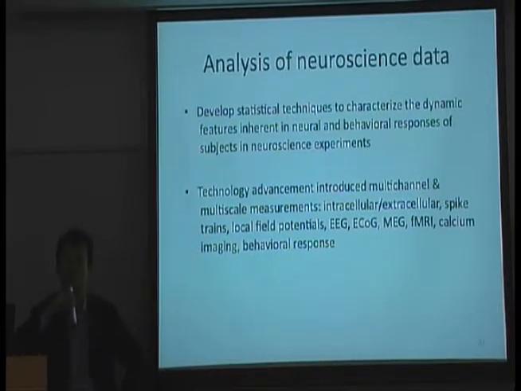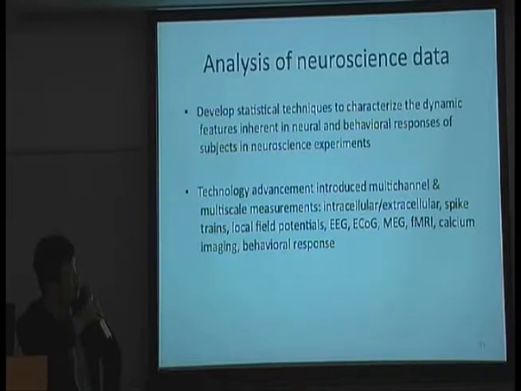In the human subject, typically the non-invasive recording is EEG. For the invasive recording, sometimes you have ECOG signal, which is typically found in the epileptic patient before trying to identify the seizure. And for the non-invasive recording, you have MEG or fMRI.